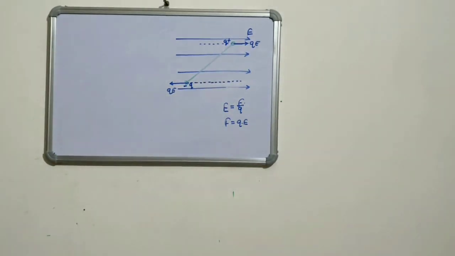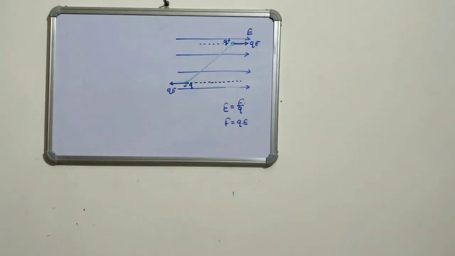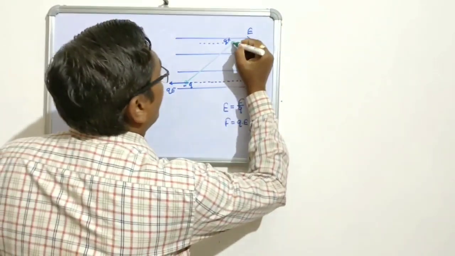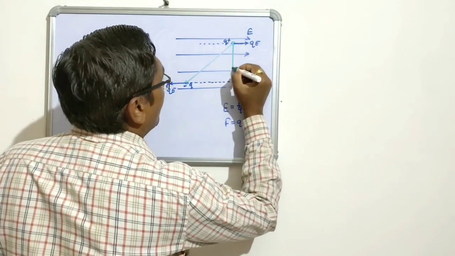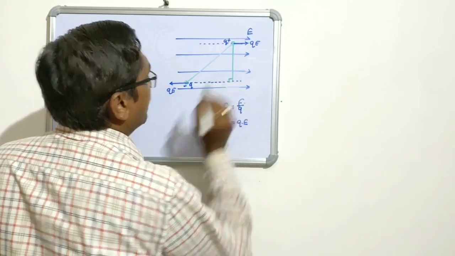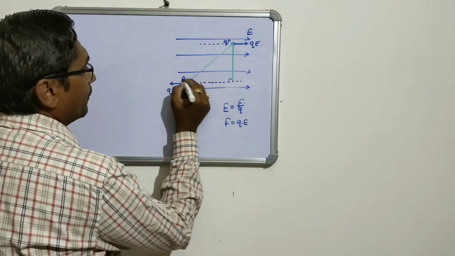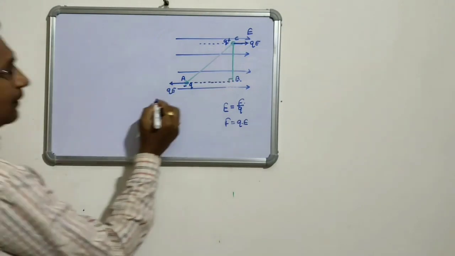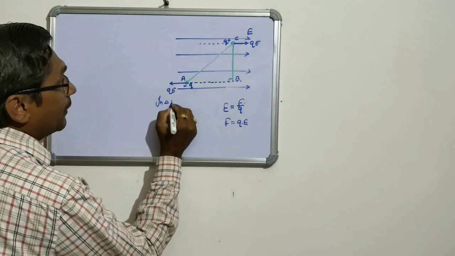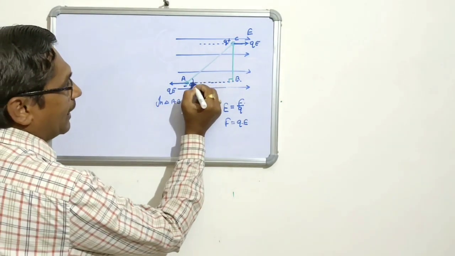Okay. Now the perpendicular distance between both forces is this. Perpendicular distance between both forces. Suppose that we assume A, B, C. In triangle ABC, the electric dipole makes an angle theta with the electric field.